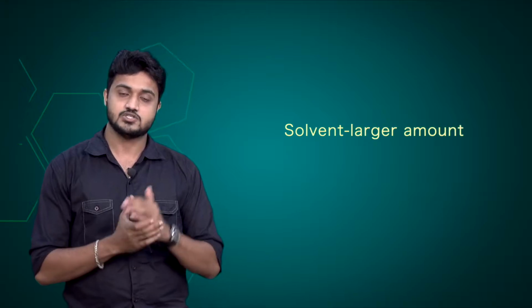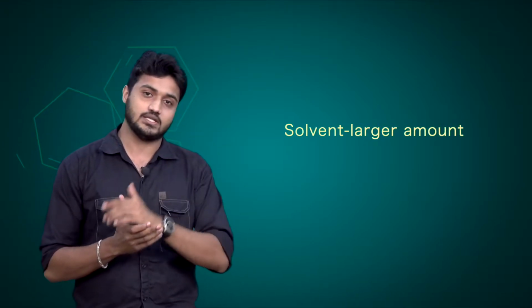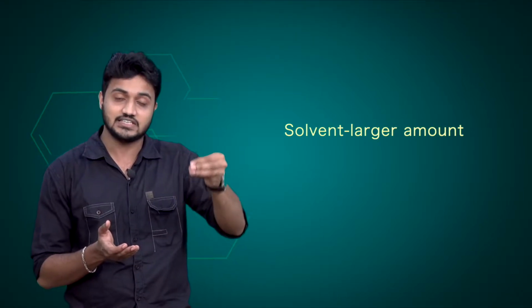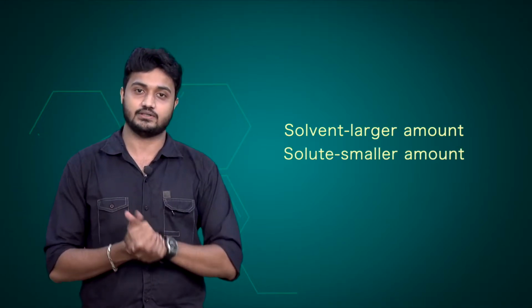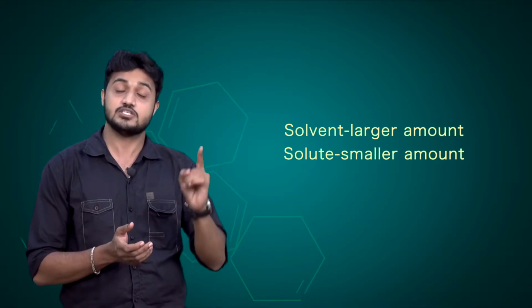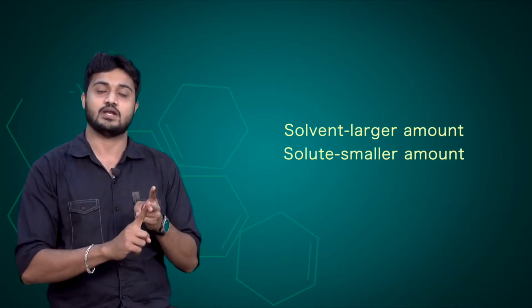In solutions, the quantity which is in large number is called solvent, and the quantity which is in lower number compared to the solvent is the solute. So we can say the solution is made up of solute and solvent.